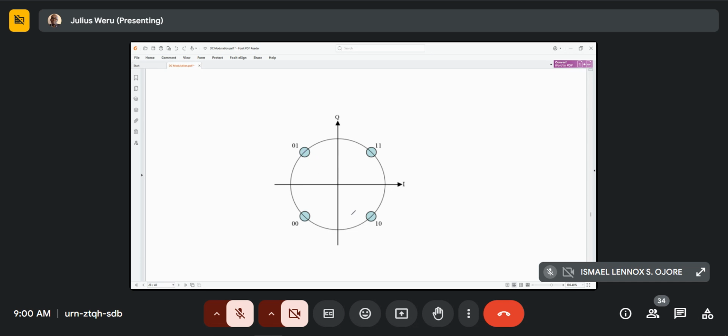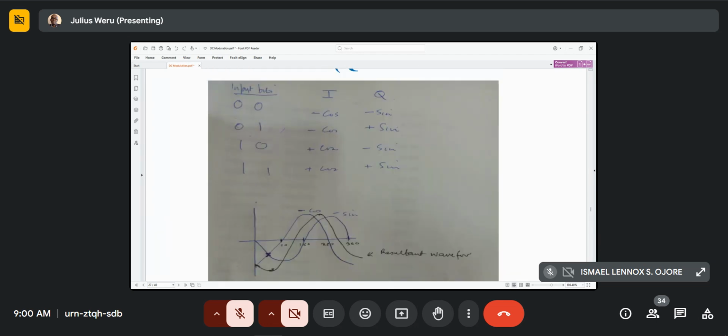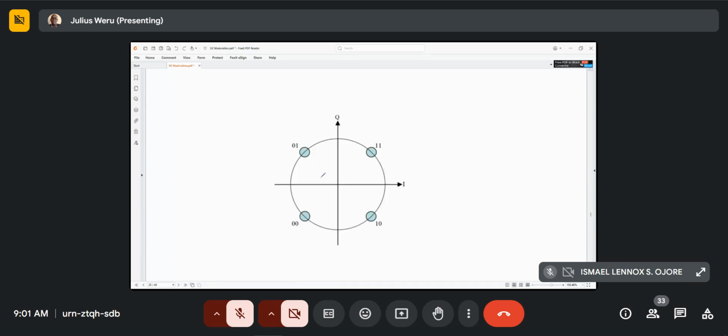So it's not really QAM, but sometimes we call it QAM because you have generated it using the QAM method, where both amplitude and phase can vary. So we have used the QAM method, but it's basically 4 PSK because the amplitude is the same. It's just one. That's the amplitude.